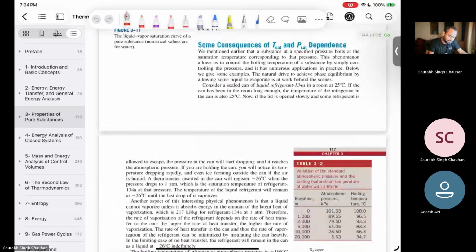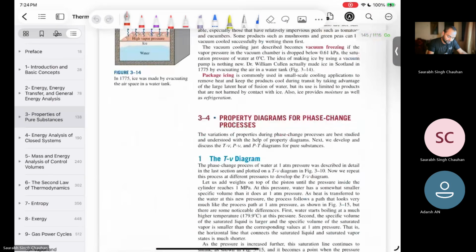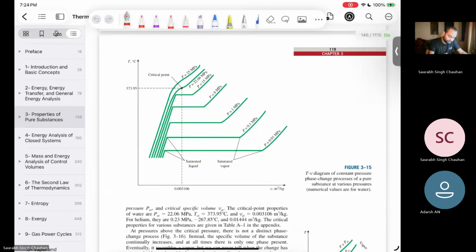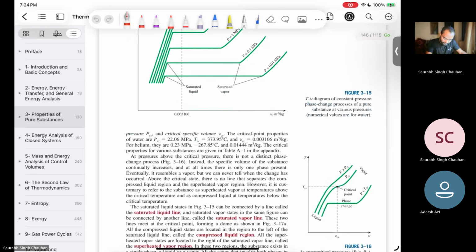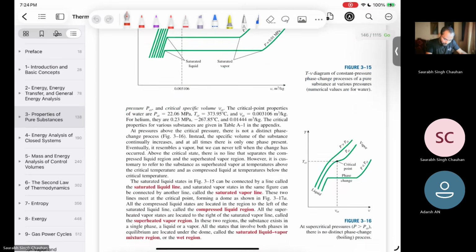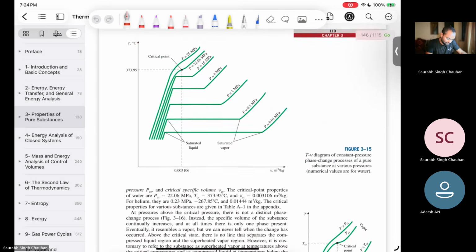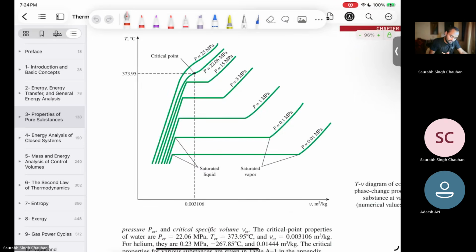And if you see these diagrams, this temperature-volume diagram, see here. This is the liquid region. If you change the temperature, it is approximately a vertical line.